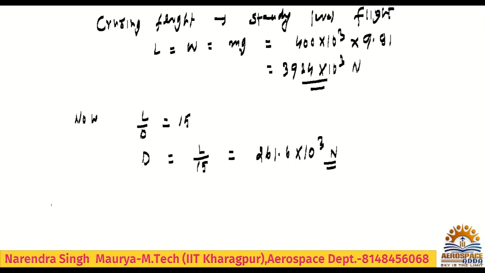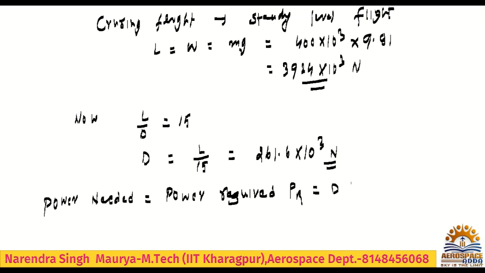Okay. Now power required you can calculate. Power needed, or power required, means PR, drag into velocity. How much it is? They are asking in megawatt, no? Okay. So we'll write this.